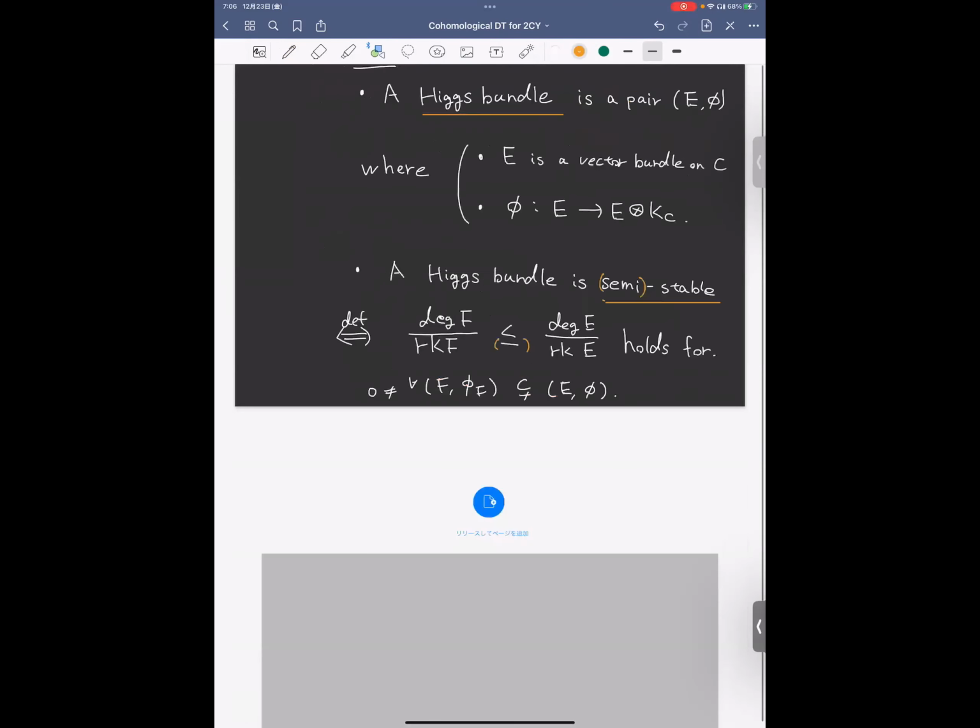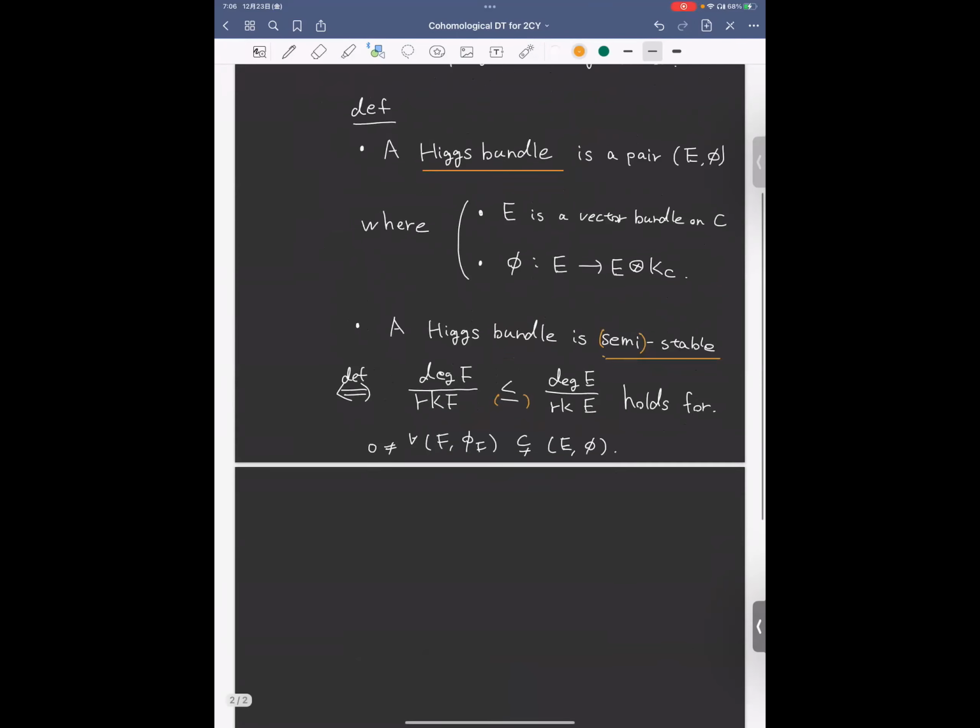Sorry, now let me give a remark on the definition of Higgs bundle. There is another way to define Higgs bundle.